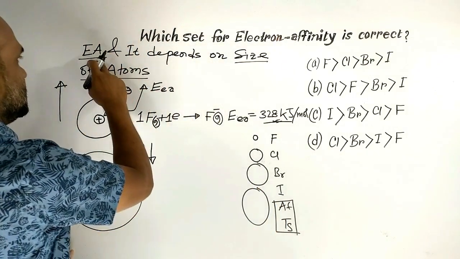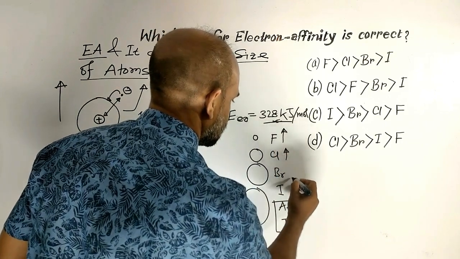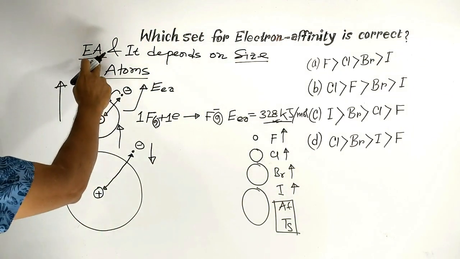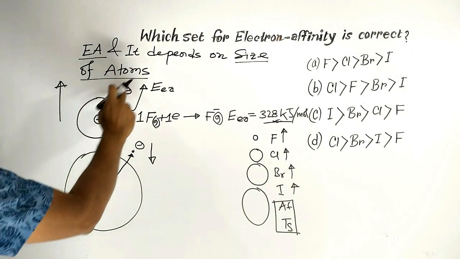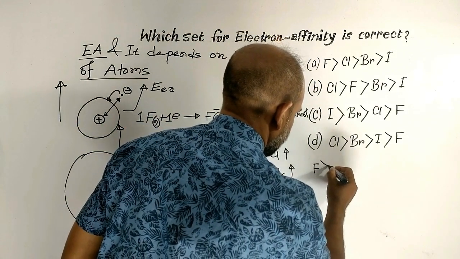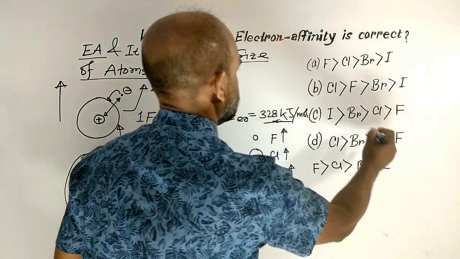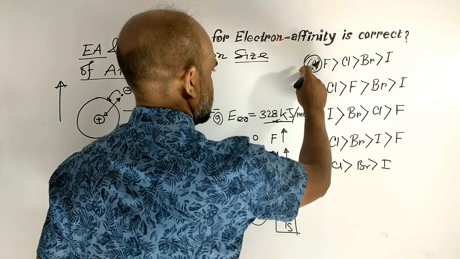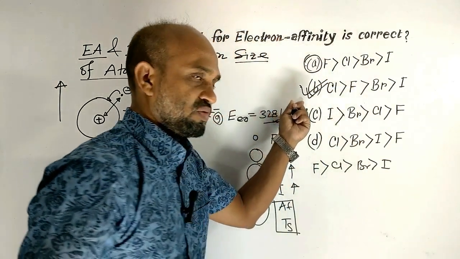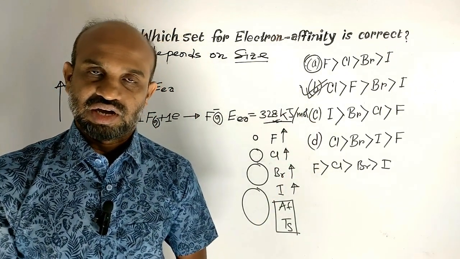So electron affinity should be higher for fluorine, then chlorine, then bromine, and then iodine. So as electron affinity depends on the size of the atoms, the series should be like this: fluorine, chlorine, bromine, and iodine. That should be the answer, but this is not the answer. This is the answer: firstly chlorine, then fluorine, then bromine, then iodine.